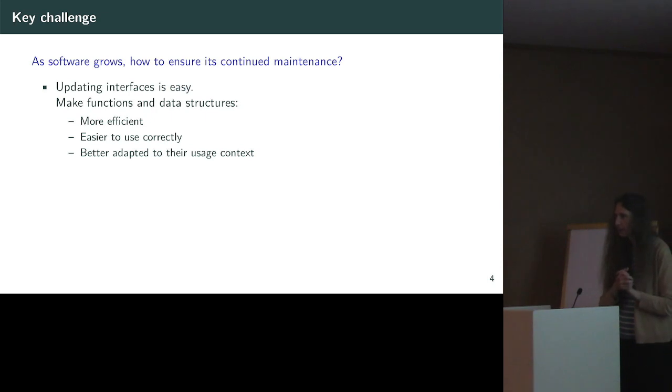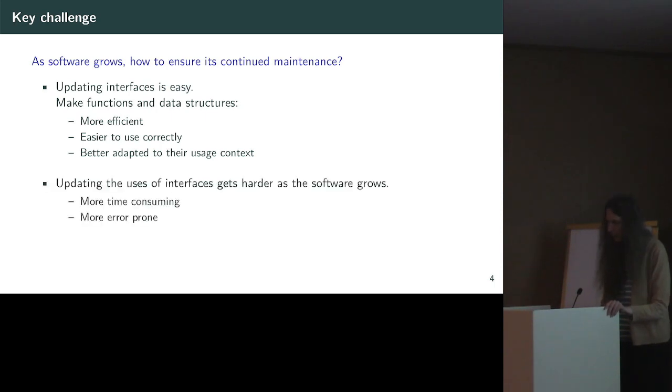But then the problem is, how many users of this library are there? It depends on your software. The users may be internal to the software project, or they may be external. You may have some kind of modular system where people can load things in dynamically, and all of those users are going to have to know about all of these changes that you need as well. And so this problem just gets bigger and bigger as your software gets bigger and bigger.